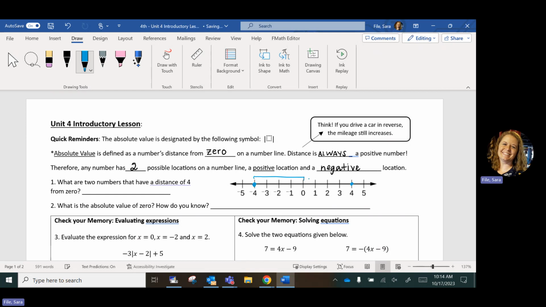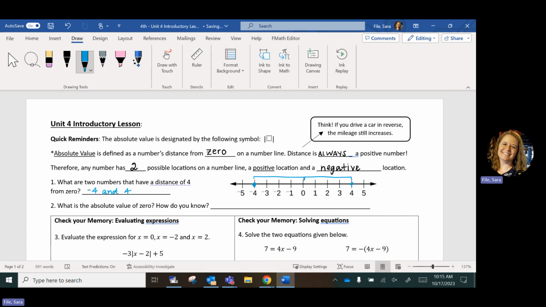Very good, because that is also a distance of 4 from 0. So it is a distance from 0. So here I could be at -4 and I could be at +4. Those would both be values that are 4 units away from 0. Does this make sense? We have to make sure we understand that there's 2 directions you could go in, but both are giving you that same absolute value, right?